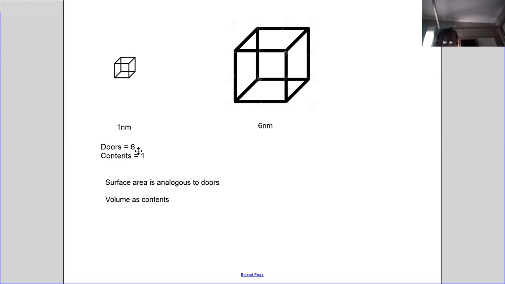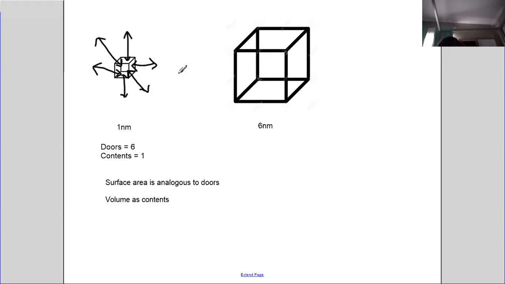All right, so I have a situation where I have 6 doors and only, let's pretend this is a person, 1 person in here. If I am 1 person and I've got 6 doors, 6 ways to get in and out of this room, think of it this way. Tipping points are like 6 ways to get in and out.